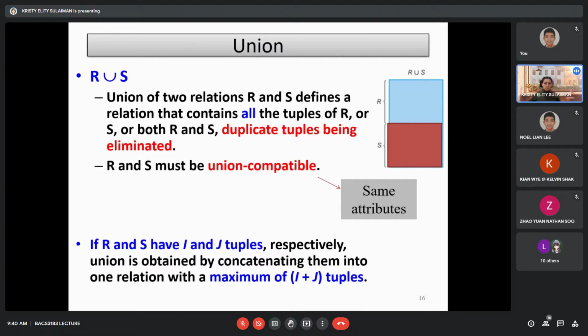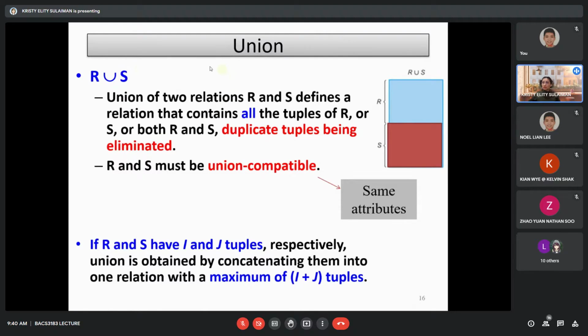Okay, so next, can we continue to the next part? So we go to the next operation. The next operation that we'll be discussing is union.